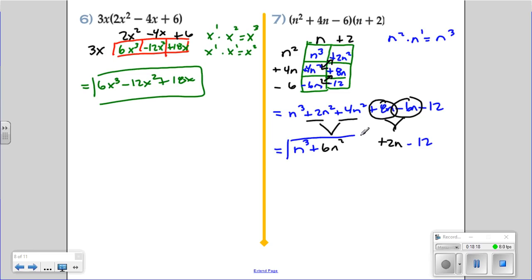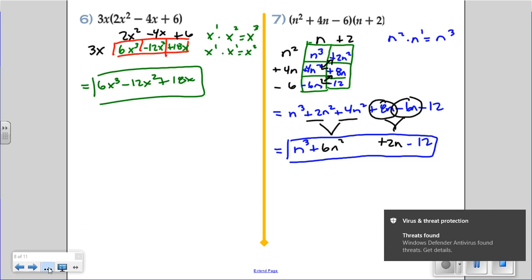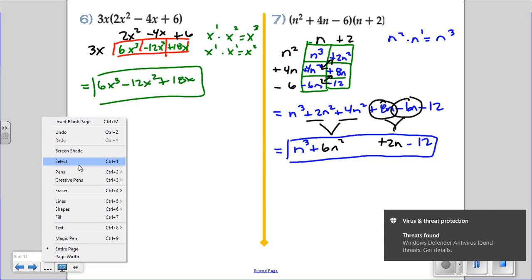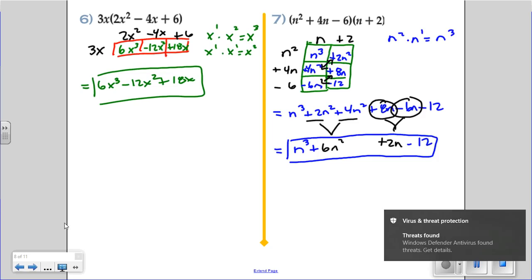So n to the third power plus 6n to the second power plus 2n minus 12 is the final answer in simplified form. So this concludes your lesson for today. Finish the rest of the problems on your own.